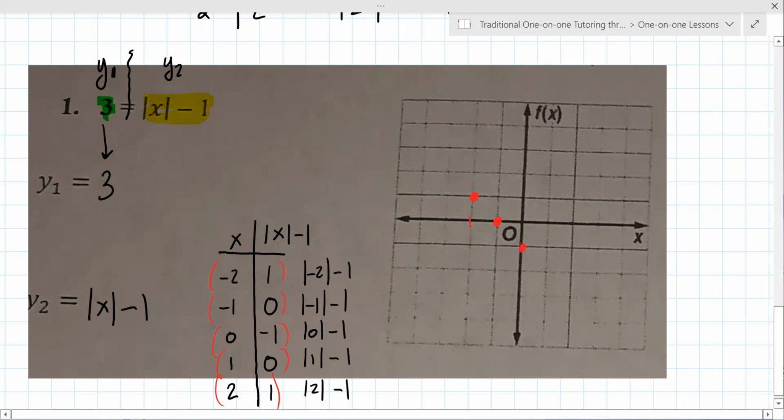That's the vertex we're going to find out. 1, 0 means right 1. And then 2, 1, right 2, up 1. Do you see that this has a V shape? Yes, I do see this. Right. And they always should have a V shape.